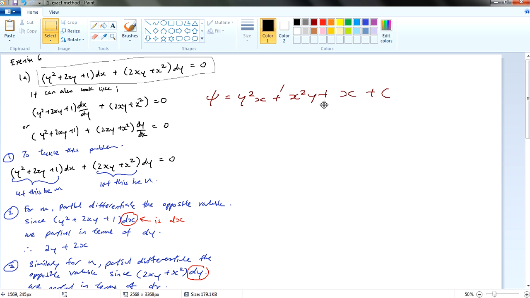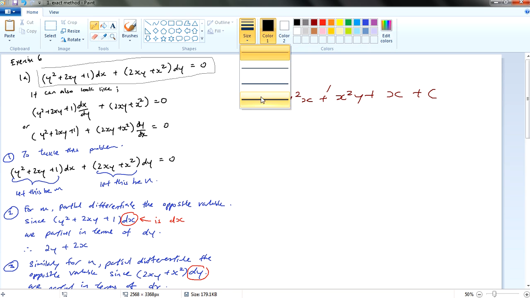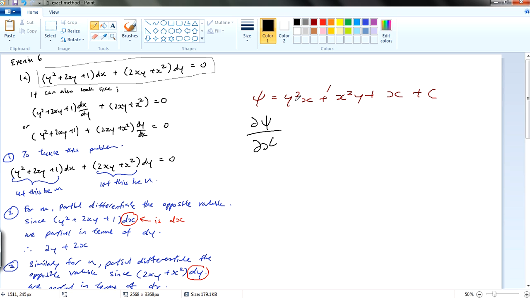Let's say we have an equation, we call it xi, equals y squared x plus x squared y plus x plus c. If someone asks you to differentiate, how do you differentiate? Typically, it's partial xi partial x, where you clear away all the x's first, plus partial xi partial y.